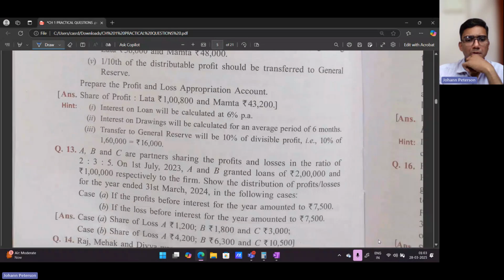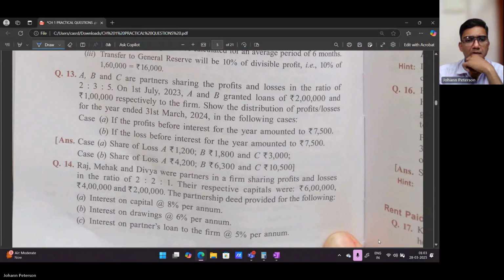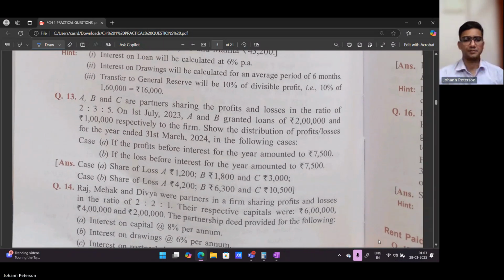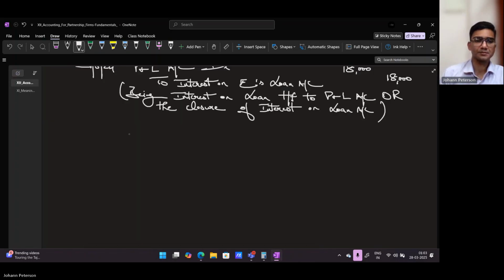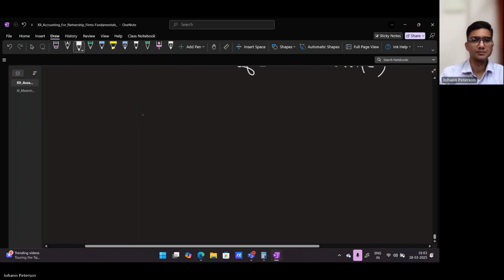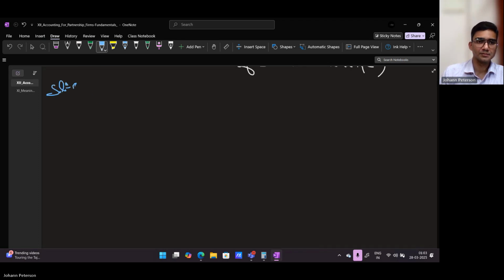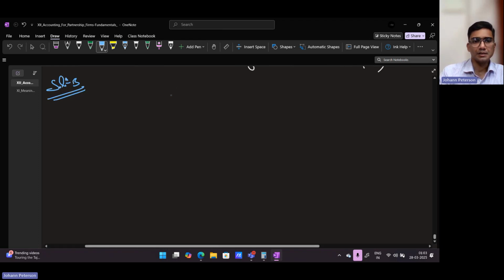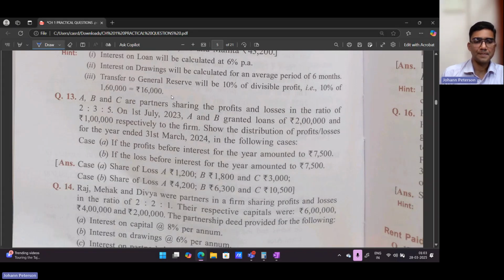Let's do question 13. Question 13 is saying A, B, and C are partners sharing profits and losses in the ratio of 2:3:5.